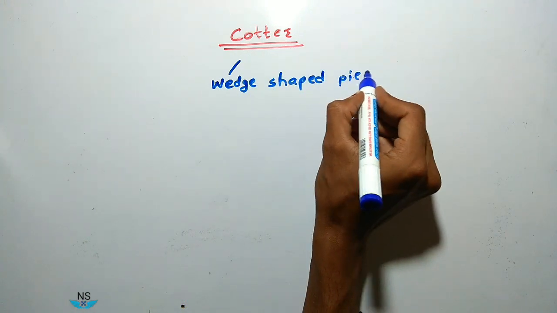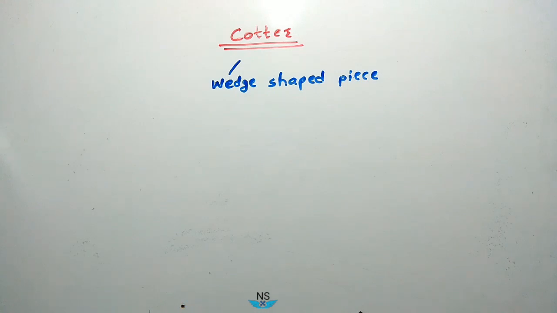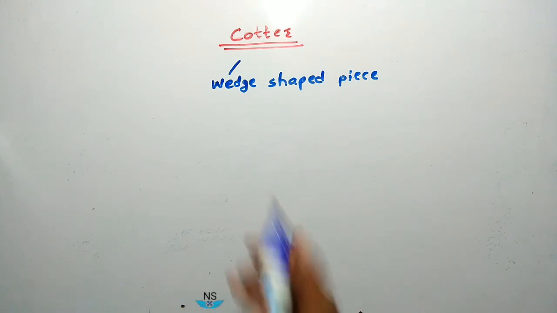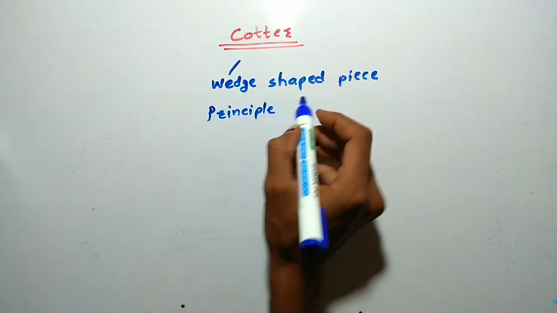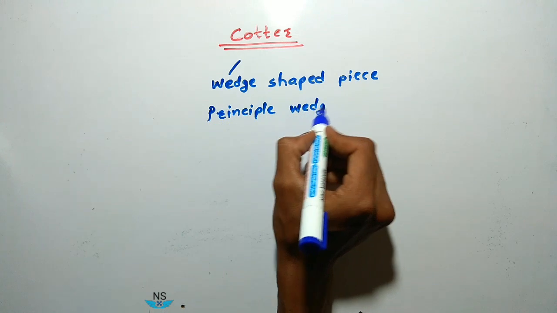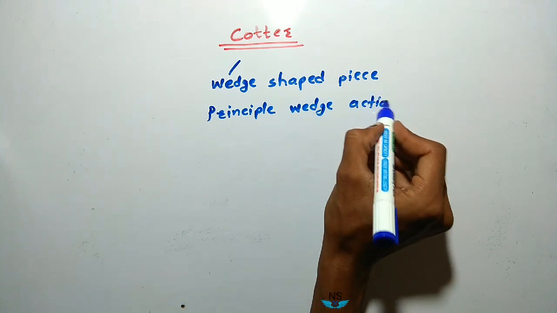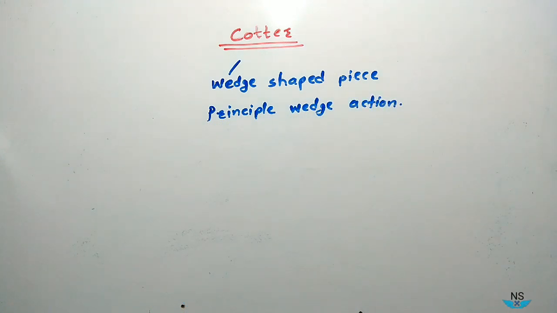The principle of wedge action is used in a cotter joint. The joint is tightened and adjusted by means of wedge action of the cotter.